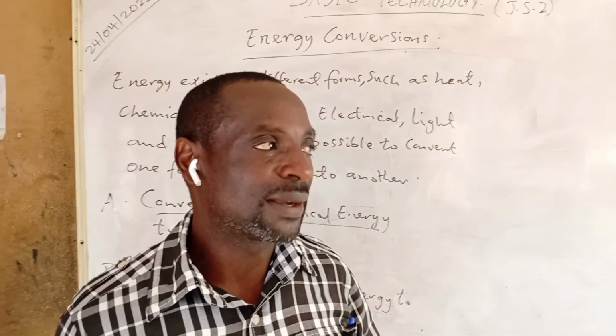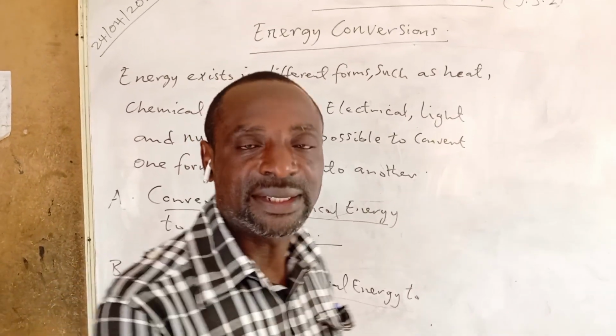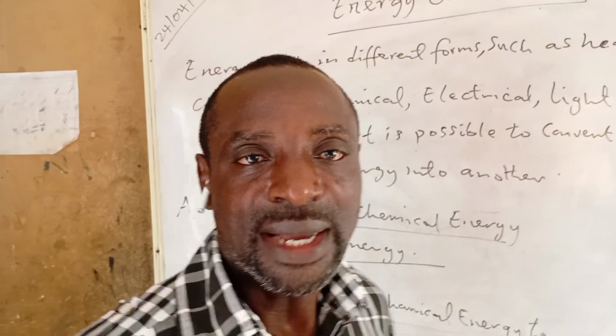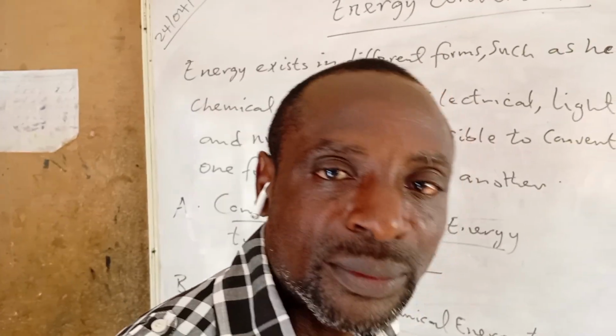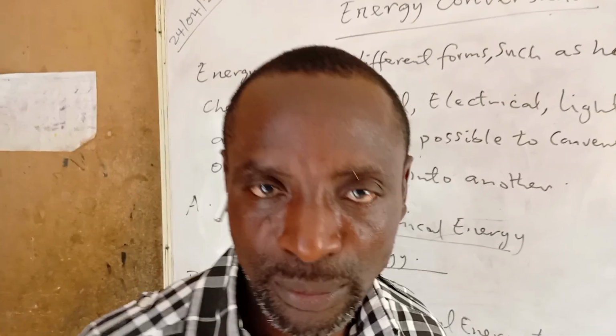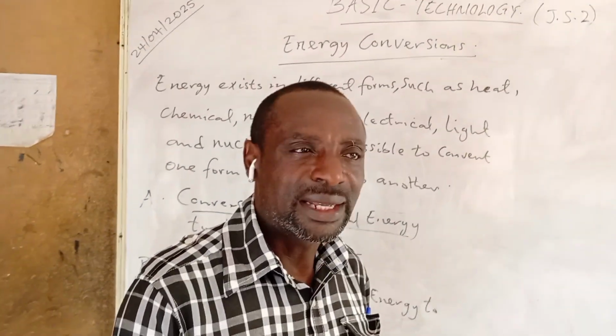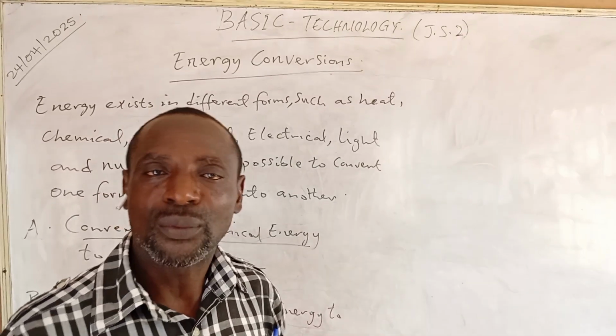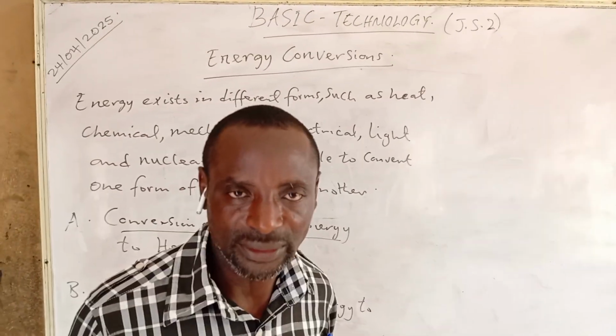It is water that is being directed to flow and drop on the turbine. And as the turbine continues to move, the electricity is generated and distributed to our various homes. So, energy could be converted from one form to another.